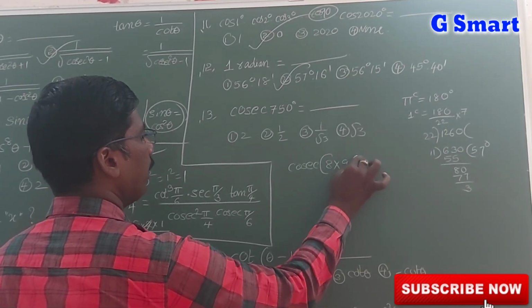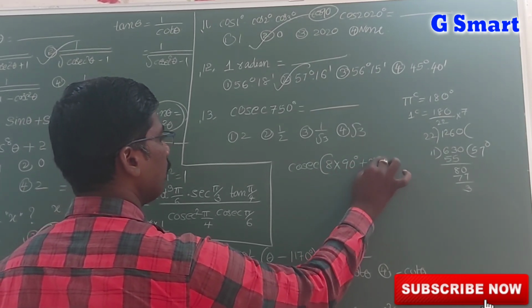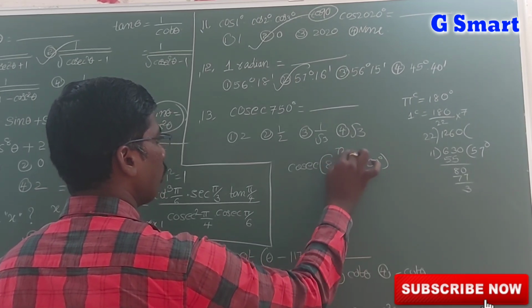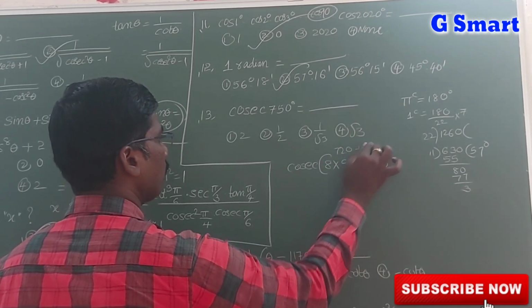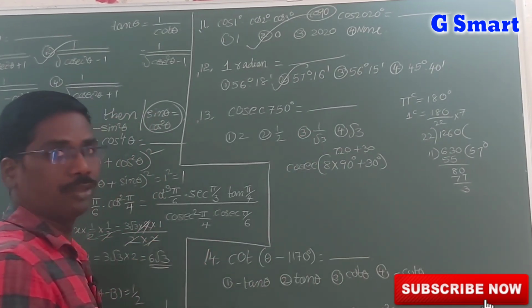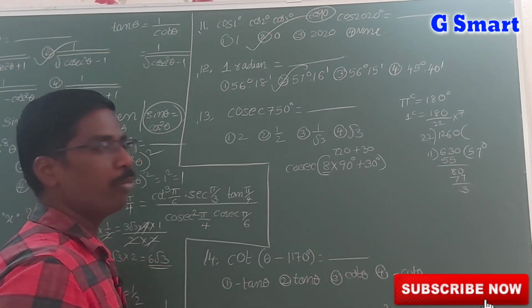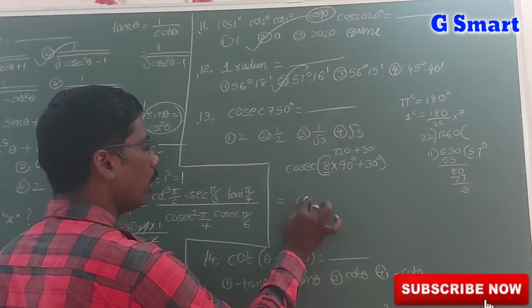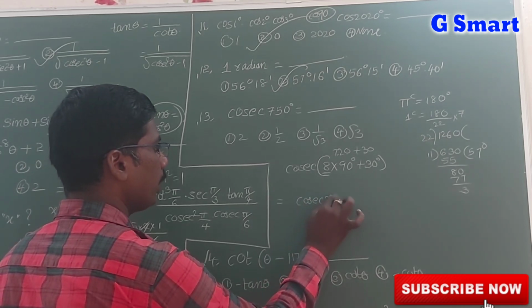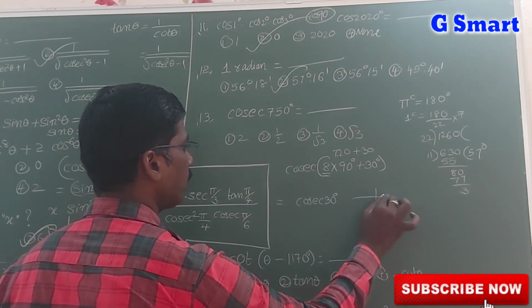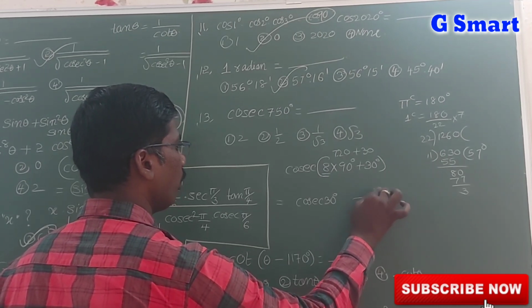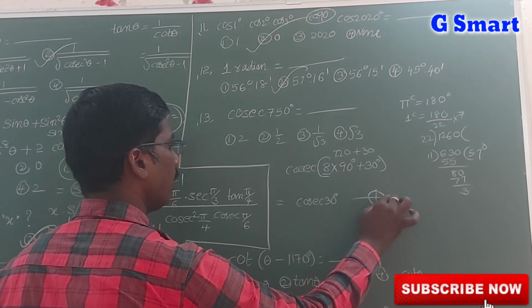So 8 into 90 plus 30, isn't it? Now this 8 is an even number, so cosecant only will come. So cosecant 30 degrees. Now 8 90s, 190, 290, 390, 490, 590, 690, 790, 890 plus.